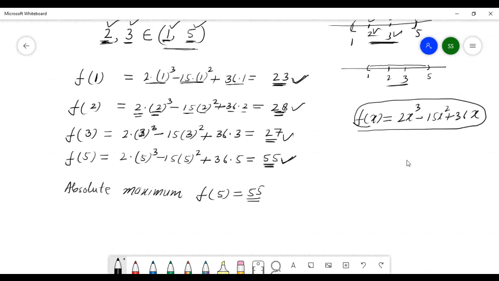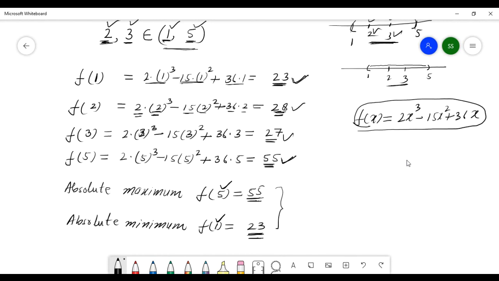And the absolute minimum is f of 1, equal to 23. So now look over here. The absolute maximum 55 is at the number 5, and the absolute minimum 23 is at the number 1. So these are the absolute maximum and absolute minimum values.